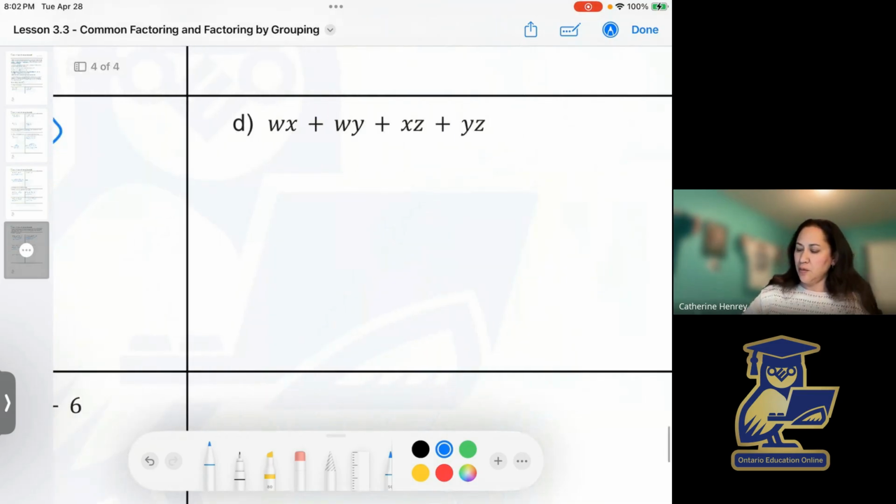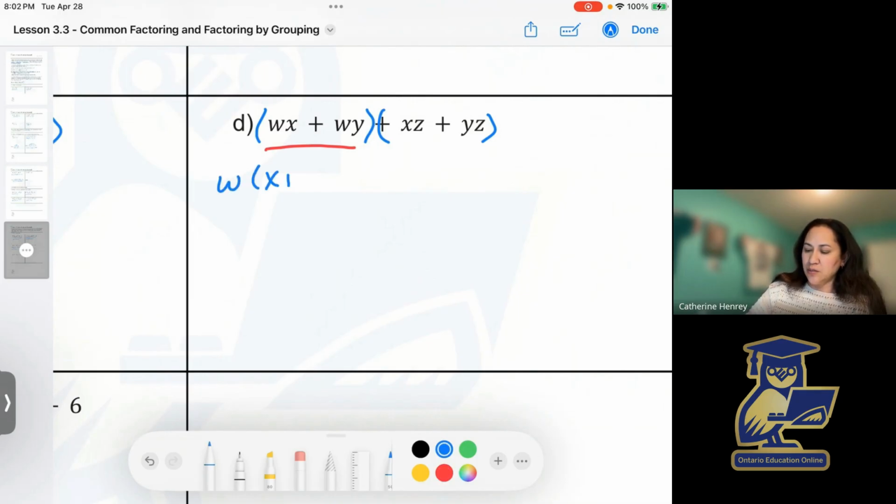Good, we have lots of variables in this one. Let's group them. Work on the first bracket. What's common is a w, and I'm left with x plus y. And then over in the second bracket, what's common is a z, so I will pull out a z, and I'll be left with x plus y.